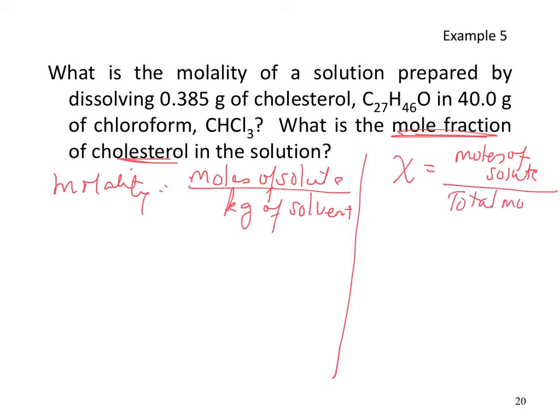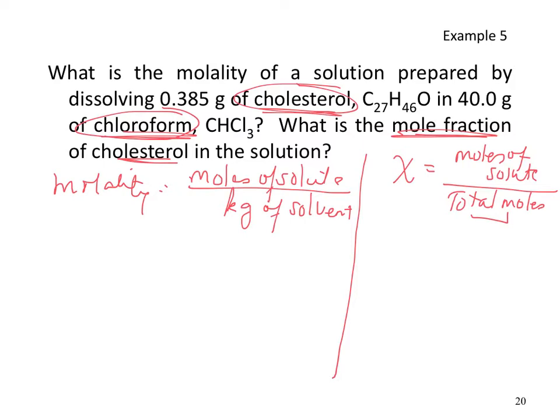Recall that since this is a solution of cholesterol and chloroform, in order to determine the total moles, you need to determine the moles of cholesterol as well as moles of chloroform for the case of the mole fraction. Okay, so let's take each one at a time.